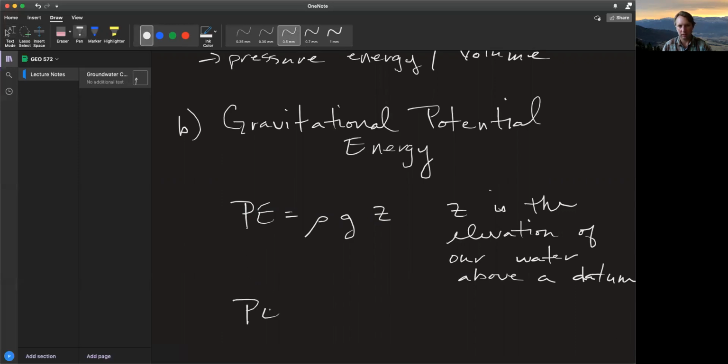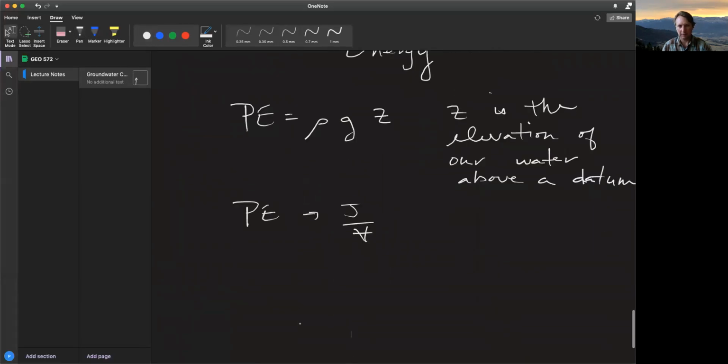So this guy is PE, joules of gravitational potential energy per unit volume. All right, finally, we can think about the kinetic energy.